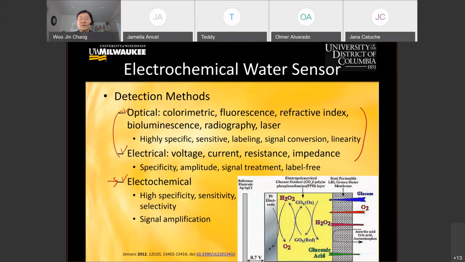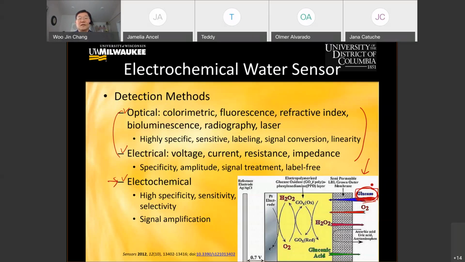So here is a diagram showing the detection of glucose from the sample. There are many different ways to detect glucose, and some methods just use enzymes. And this one is the typically used method to detect glucose from the blood. Actually, in this system, we are not detecting glucose.